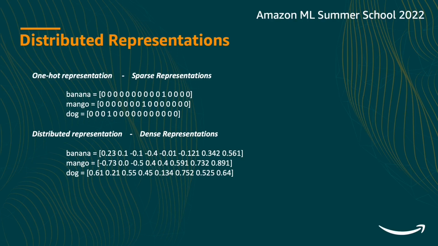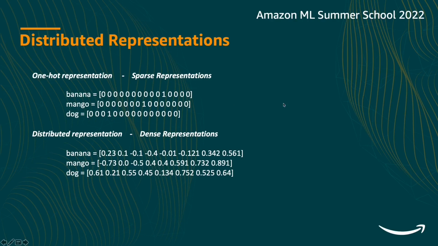And one of the simplest representations is what is called one-hot representation. It is a long vector of all zeros except for a one at the index of that word. So we see as an example the one-hot representations of banana, mango, and dog.